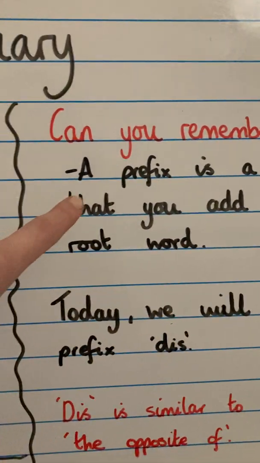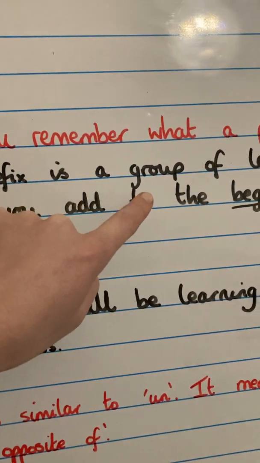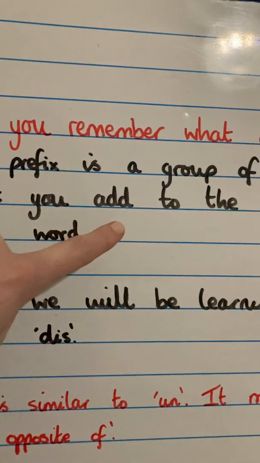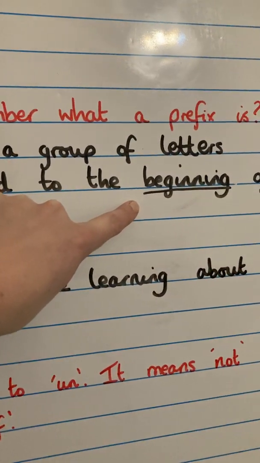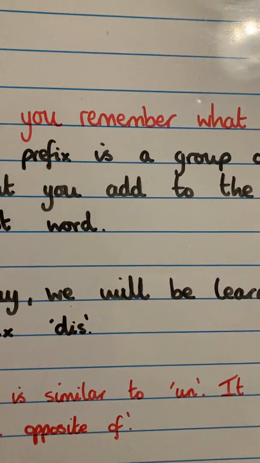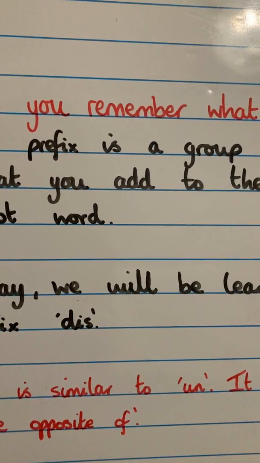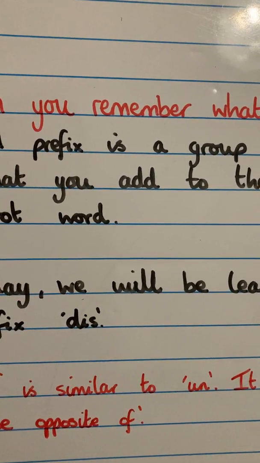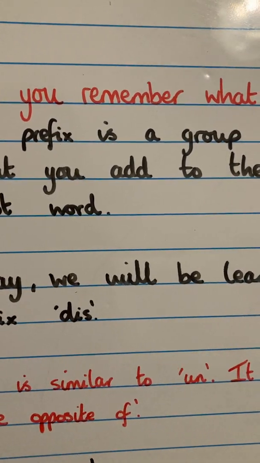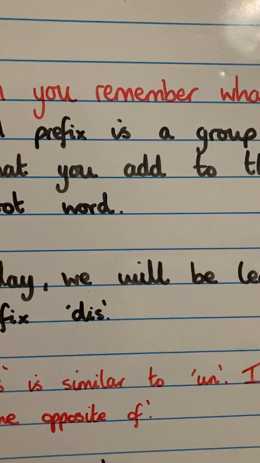The definition of a prefix is a group of letters that you add to the beginning of a root word. So you add a prefix to the beginning. Now remember we said in our lesson yesterday that a prefix is different to a suffix because a prefix goes at the beginning, whereas a suffix goes at the end of a root word.